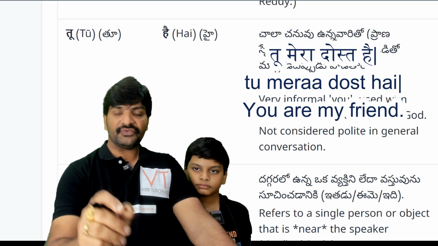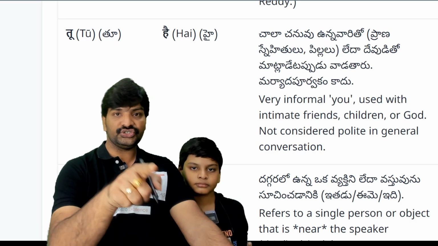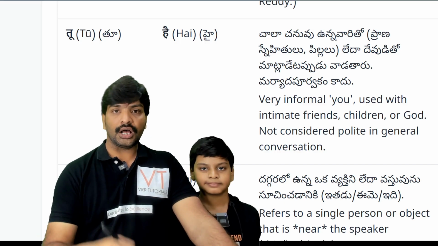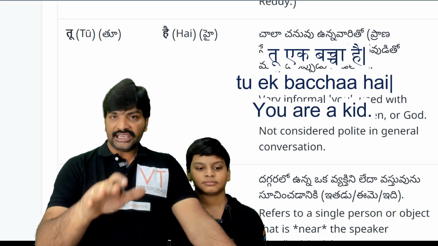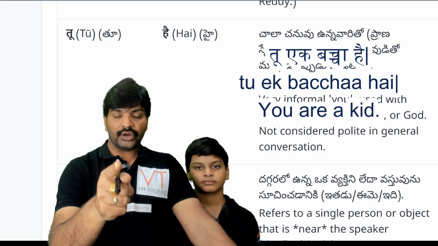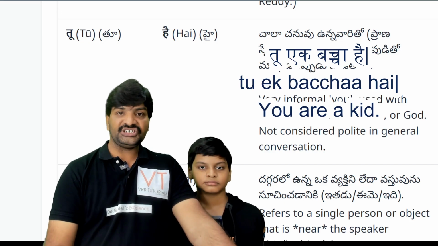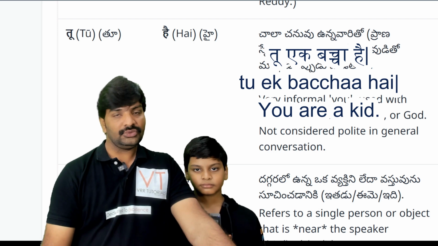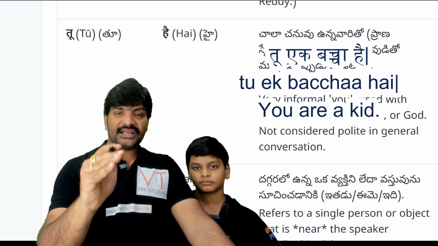Tu mera dost hai means you are my friend. Here we can use tu because we are talking with a friend who is close to us. You are a kid. You can say it like this: tu ek bachcha hai. Bachcha means a small kid.